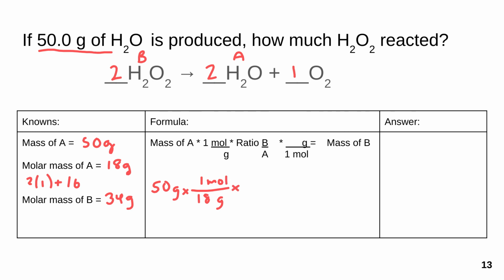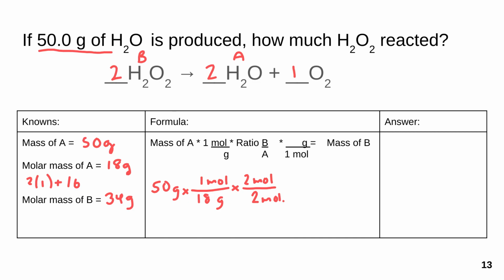And then before we do the calculation, we're going to set up the next step. If we have moles of A on the top, that means we need moles of A on the bottom. But this time we're going to use our ratio of A to B. So in this case, moles of A will be a 2. That means there's 2 moles of A for every 2 moles of B. If it was easier to write with this pointer, I might also include grams of A, put an A here and an A here.